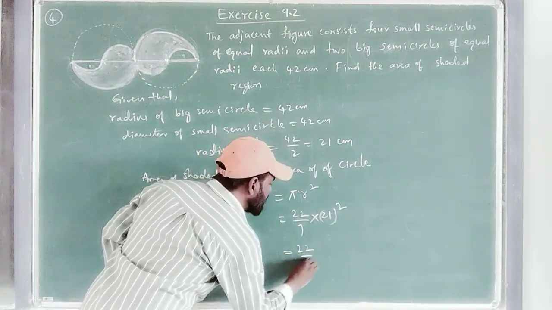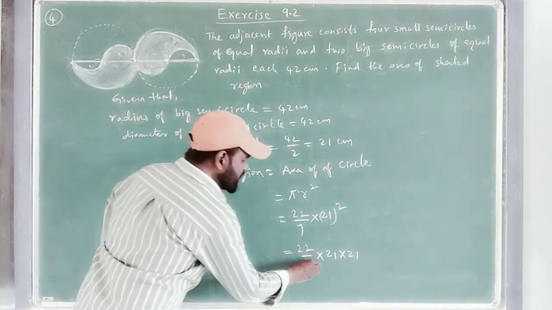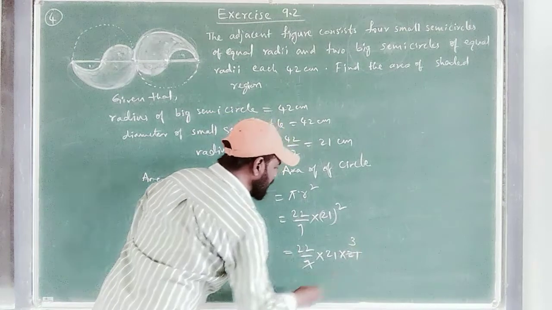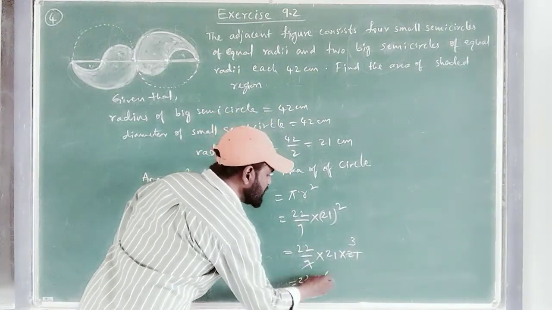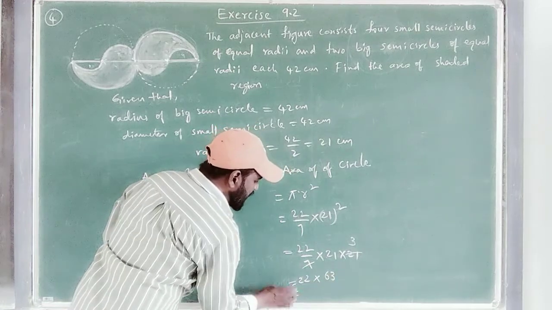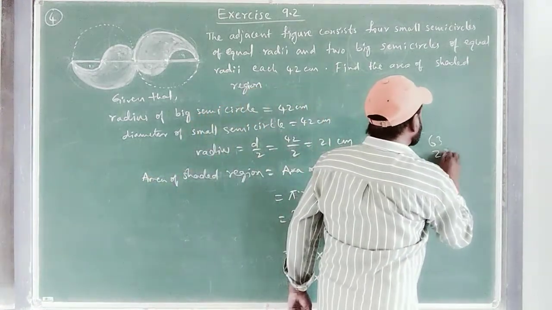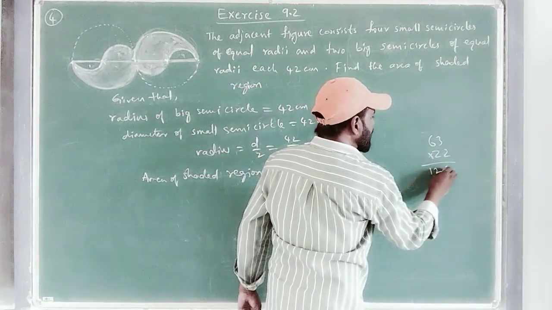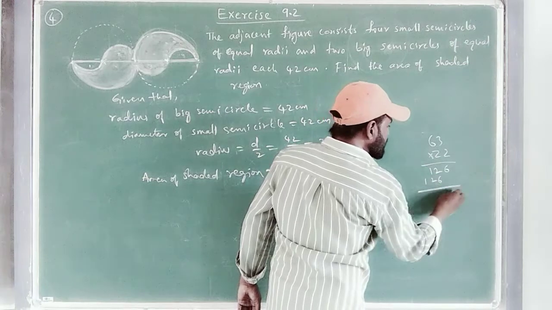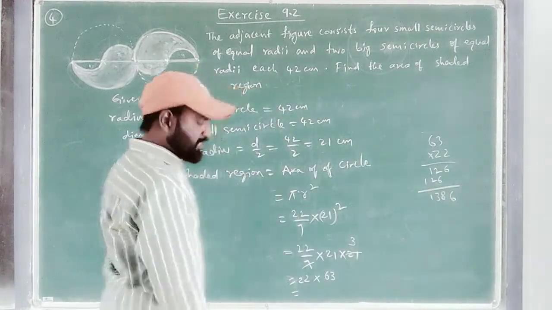Now 22 by 7 into 21 into 21. 7 threes are 21, remaining is 22 into 21 into 3, that is 22 into 63. Now multiplying 63 into 22: 2 threes are 6, 2 sixes are 12, and adding, we get 1386.